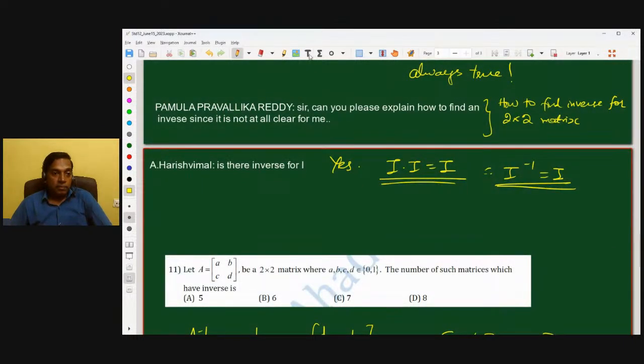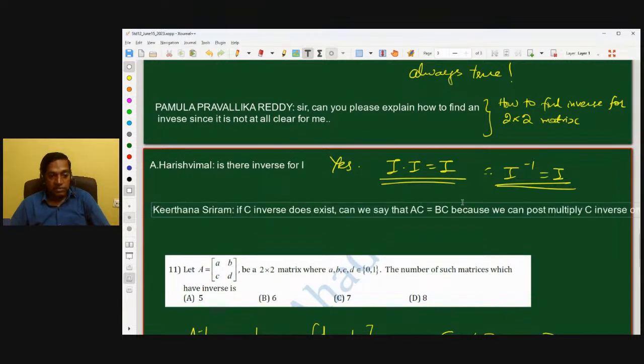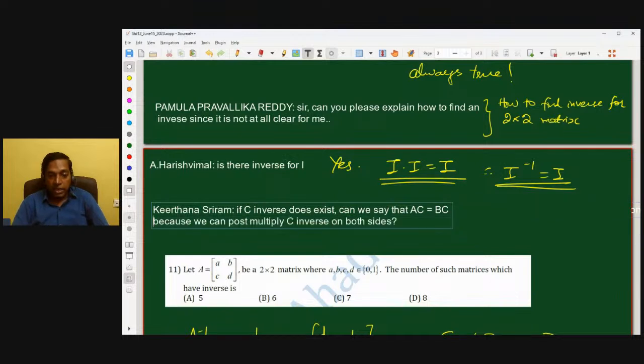Okay. Kirtana Sriram has asked, if C inverse exists, can we say AC is equal to BC because we can post multiply C inverse on both sides?